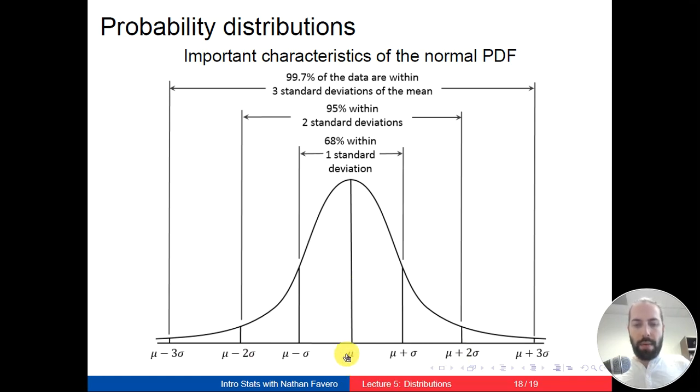So if we have a mean of 10 and a standard deviation of 10, then going two standard deviations from the mean, this is going to be 40, right? So again, if the mean is 20, one standard deviation from the mean, 30, two standard deviations from the mean, 40. Again, the standard deviation being 10, the mean being 10, one standard deviation below the mean, 10 minus 10 is 0, and this would be a -10, right?